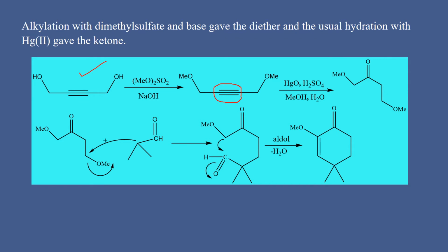It is symmetrical, so there is no problem of chemoselectivity. Then when it reacts with isopropylaldehyde in the presence of base, the negative charge on this alpha carbon will attack this electrophilic carbon, and the methoxy group will leave. Thus, this bond is formed. Then, by using aldol condensation, our required product is obtained.